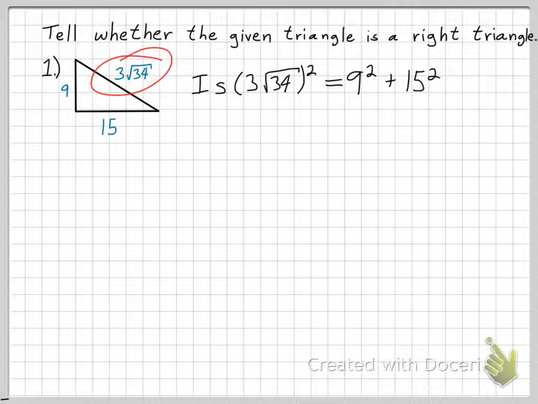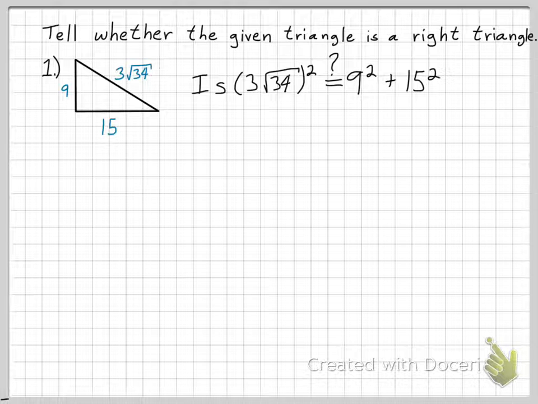Then compare that decimal value with 15 and with 9 and find out that yes, 3 root 34 is the longest side, and if this was a right triangle, it would be the hypotenuse. So that's where we get this equation from, right? Is 3 root 34 quantity squared equal to 9 squared plus 15 squared? Is that true? We don't know.